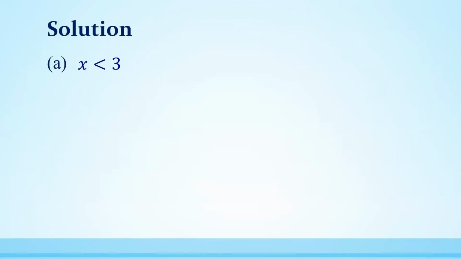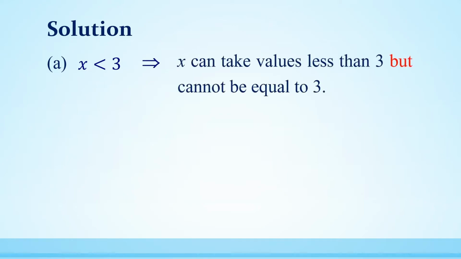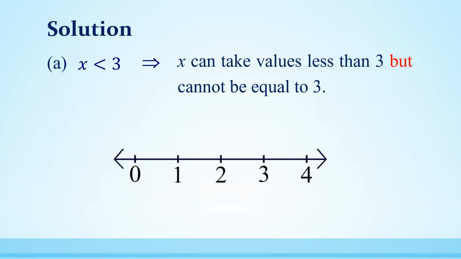What does it mean? This means that x can take values less than 3, but it cannot be equal to 3. So how are we going to represent this on a number line? X cannot be equal to 3, but it can take any value less than 3.